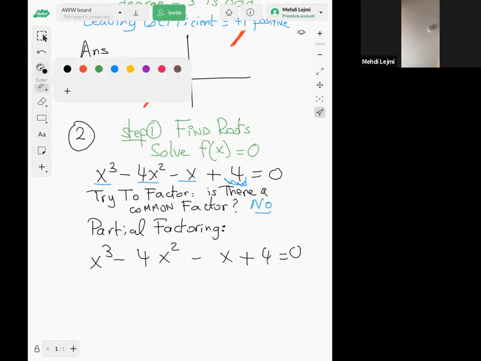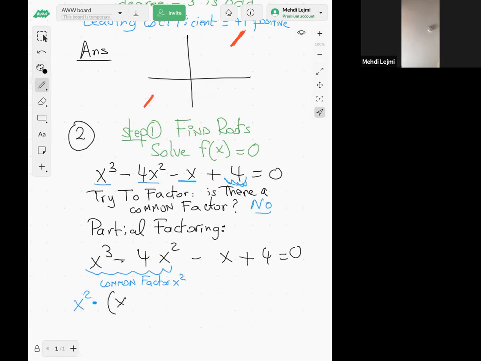If you take the first 2 terms, then there will be a common factor, and the common factor would be not just x, but x squared. So I can factor out x squared. There'll be x squared times x minus 4, because if you pull out x squared, you are left with 4, right? And now here, minus x plus 4.